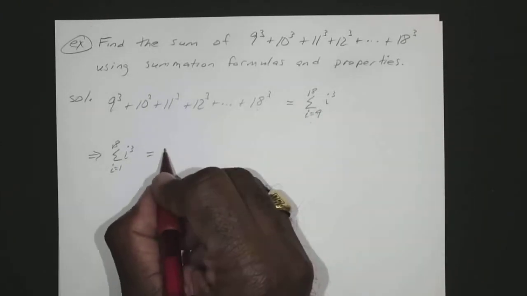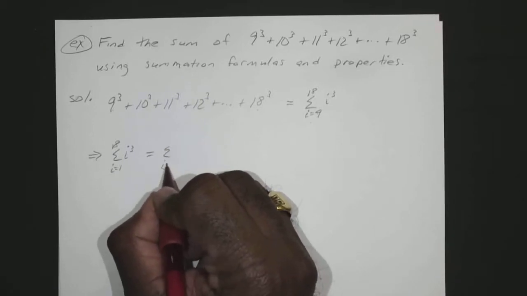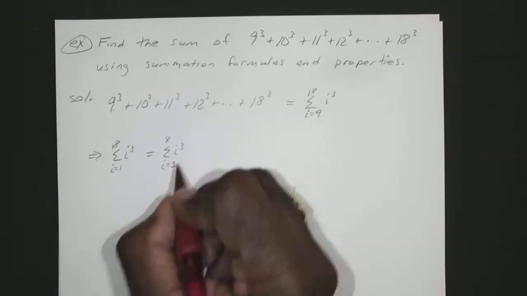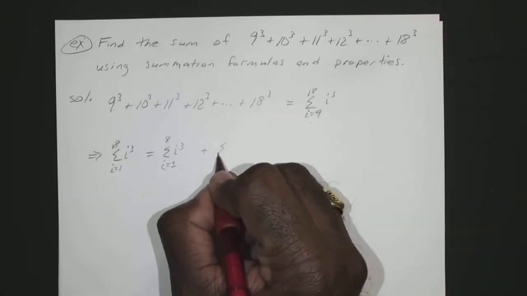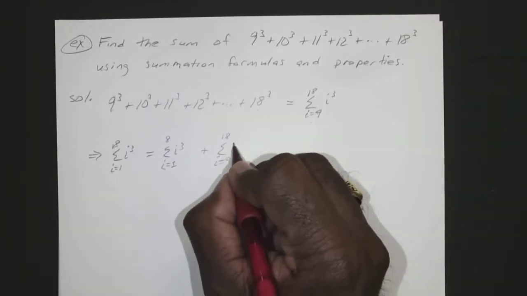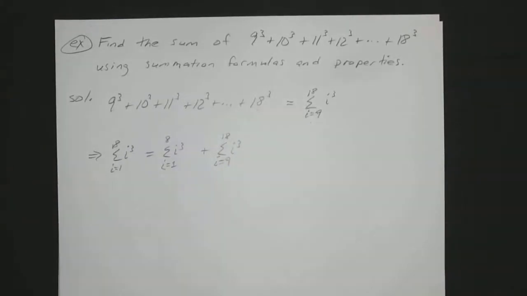Well, start at 9. So let's say we have the sum from i equals 1 to 8 of i to the third plus the sum from i equals 9 to 18 of i to the third. Okay, so all we did was go ahead and we broke it down a little bit.